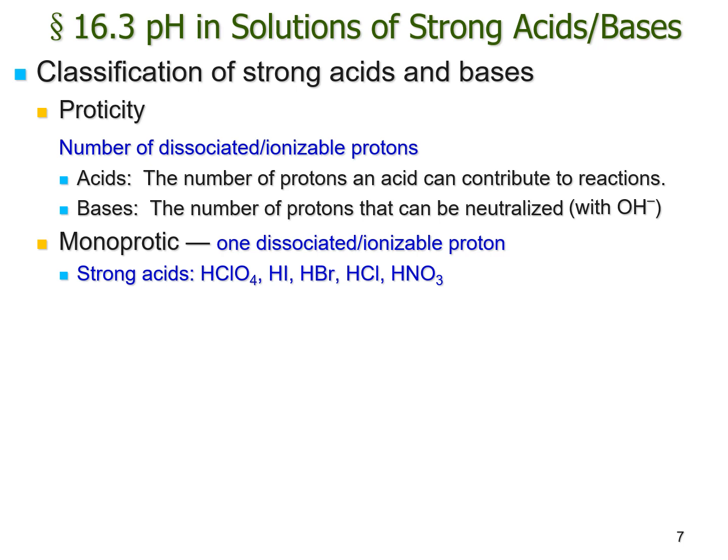For chloric acid, 4 minus 1, that's 3. Nitric acid, 3 minus 1, that's 2. So we have all the strong acids. Since all of them have one proton in their formula, we call them monoprotic.